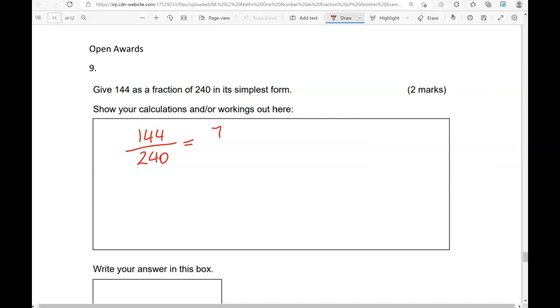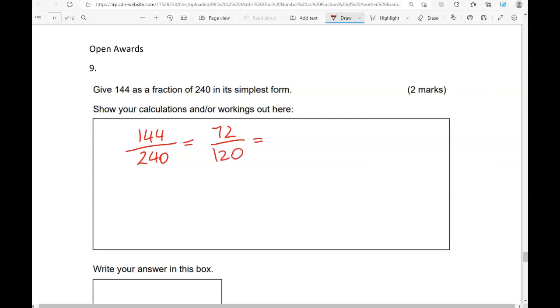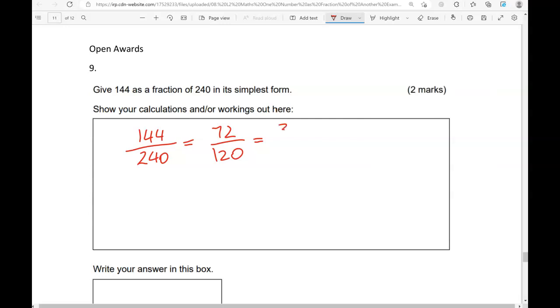That is 72, and 240 divided by 2 is 120. We can still divide by 2. So 72 divided by 2 gives us 36. 120 divided by 2 gives us 60.